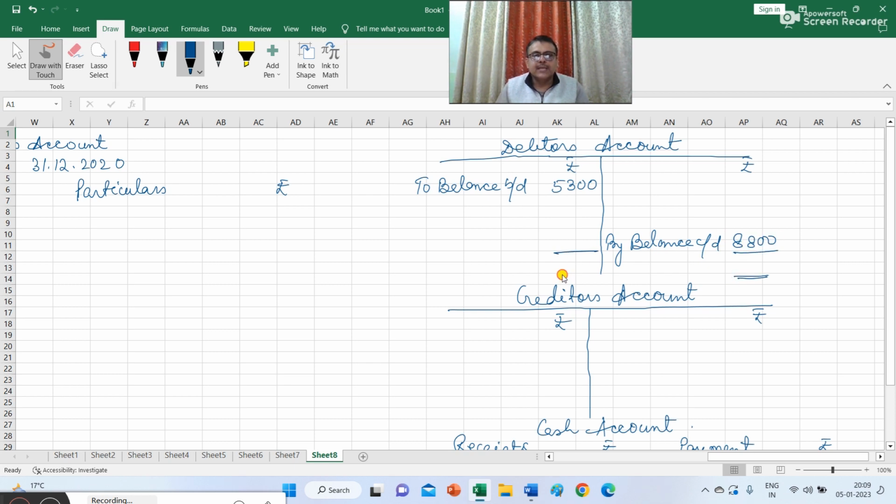So the opening and closing debtor balances I have posted. The next figure is the creditor balance. In the creditor ledger, I am writing here the opening balance on the credit side, by balance BD 1,500, and the closing balance I am writing on the debit side as to balance CD 1,950.